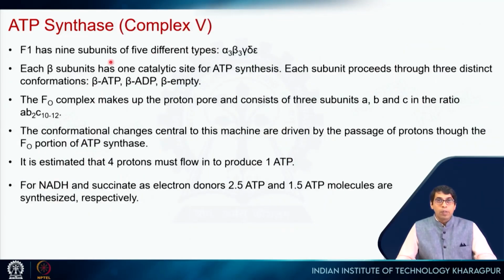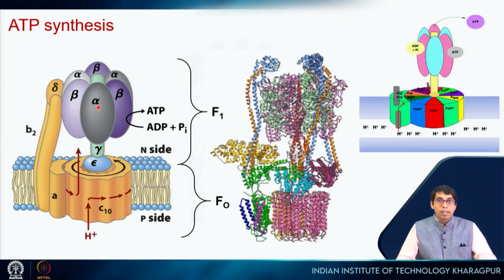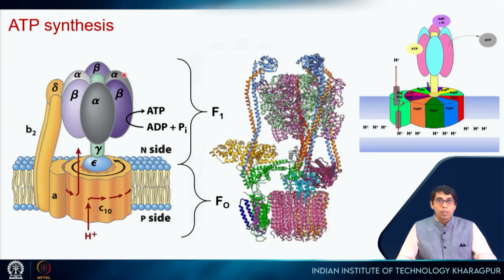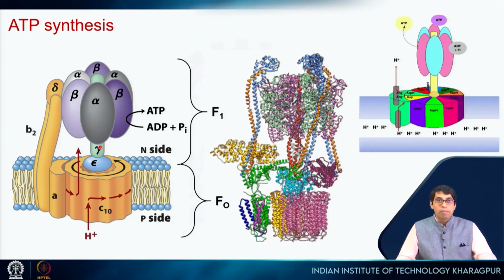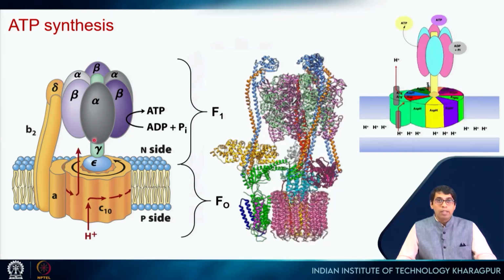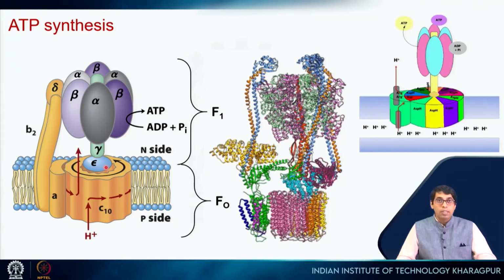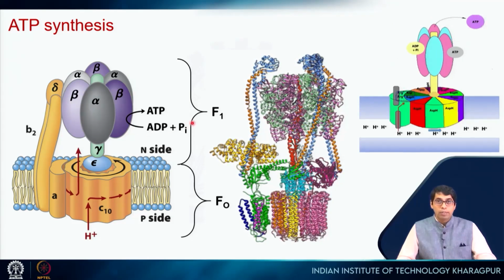F1 has 9 subunits of 5 different types: alpha 3, beta 3, gamma, delta and epsilon. So, you can see that there are 3 alpha subunits and 3 beta subunits, and then there are gamma, delta and epsilon. These are the parts of this F1.